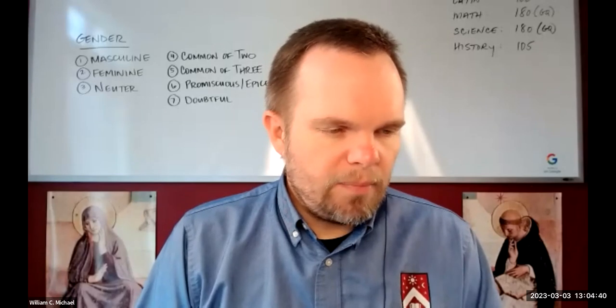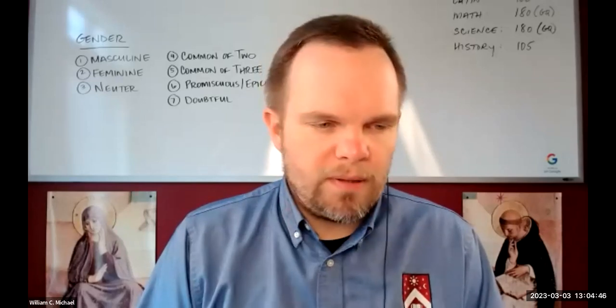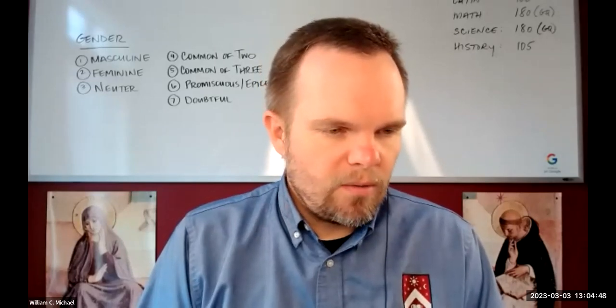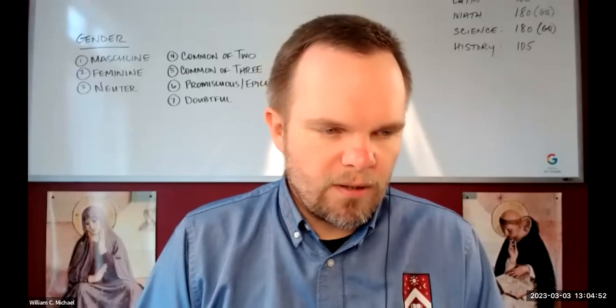And then over the past 2 weeks or so, we've been starting to learn about the accidents of the parts of speech, which means we're learning about the different characteristics of those 8 parts of speech.